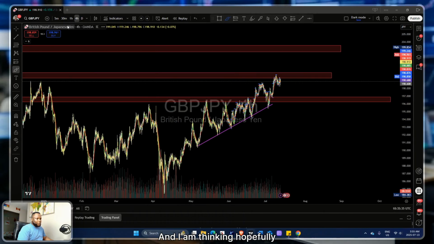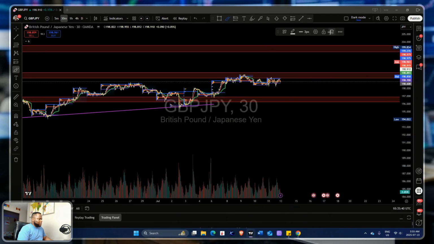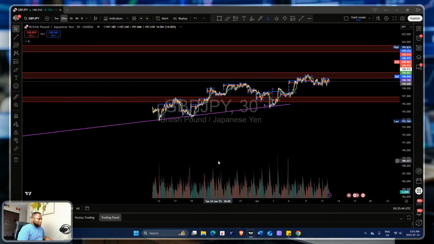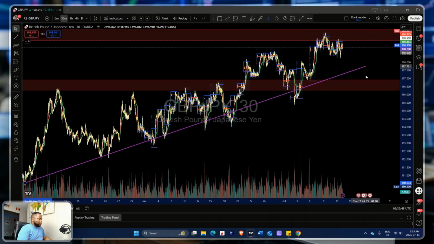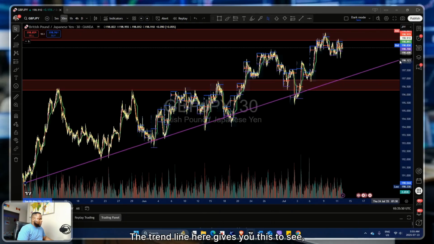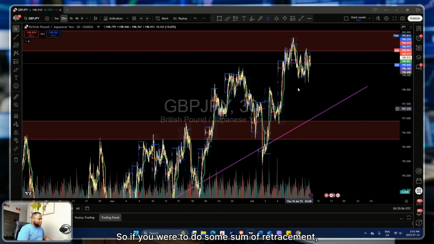And I am thinking, or hopefully, if price is to retrace back to our trend line here, the trend line here gives you this to see, right? So if we were to do some sort of retracement, it would look like this.